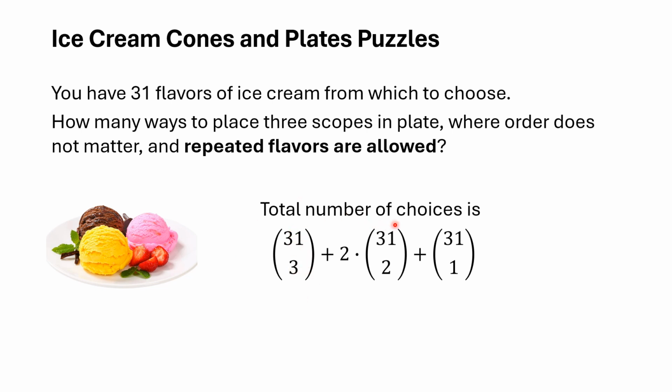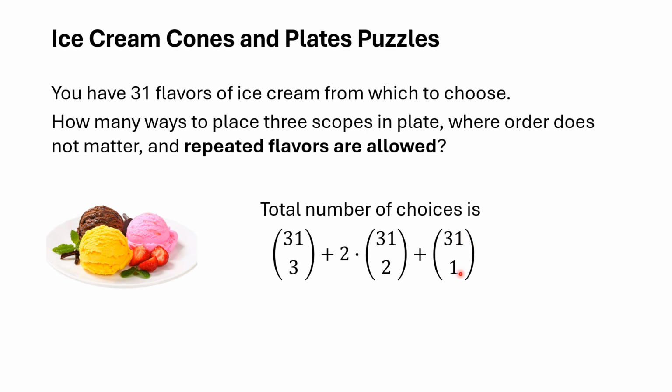Then the next case is when you have two flavors, and that's 31 choose 2 to pick the flavors, but keep in mind that you need to decide which two scoops are of one flavor and which is of the other flavor. So for example, if you pick chocolate and vanilla, then you could have two chocolates and one vanilla, or two vanillas and one chocolate. So you have to multiply this by 2. And then the third case is where you would just pick one flavor and you have 3 scoops of that same flavor.